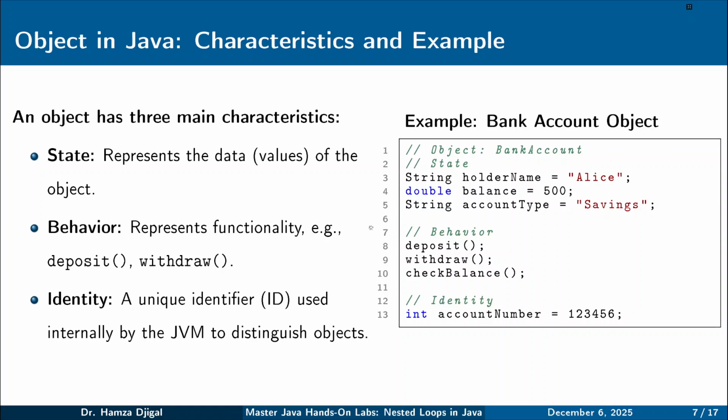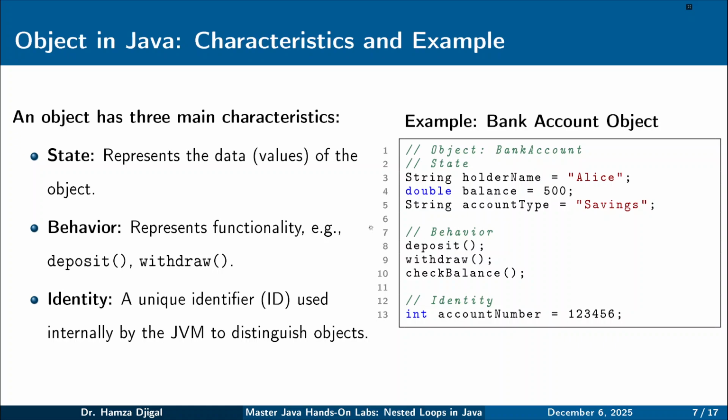The state is the data value of the object. The behavior represents functionality, what it can do, for instance deposit and withdraw. And identity is a unique identifier used internally by the JVM to distinguish the different objects we have in the system. So this is one basic example. We have a bank account as an object, and the state can be the name of the holder, the balance, or the account type.